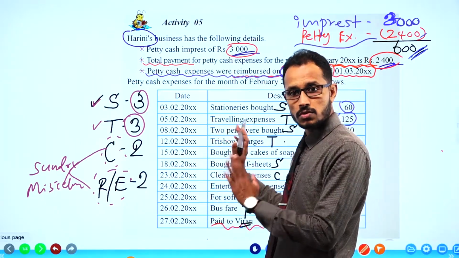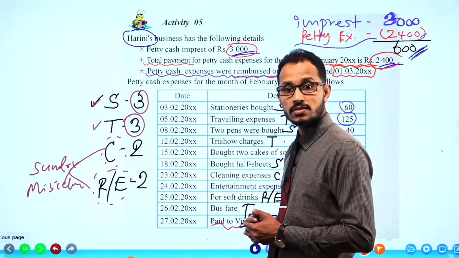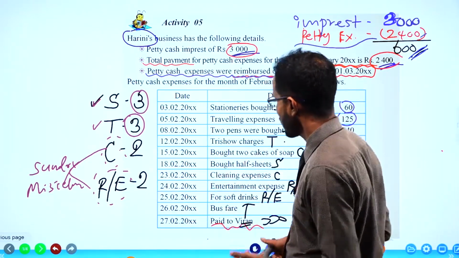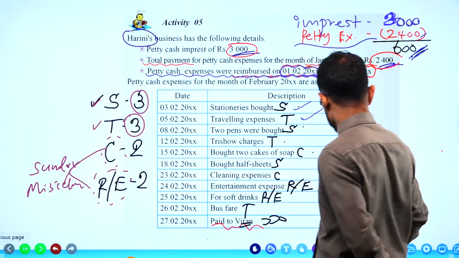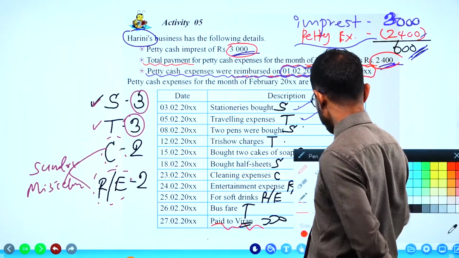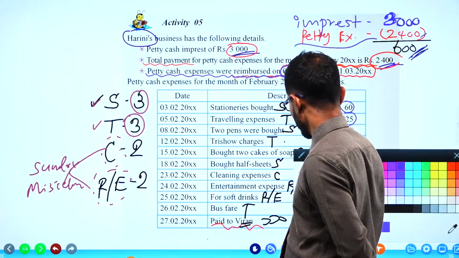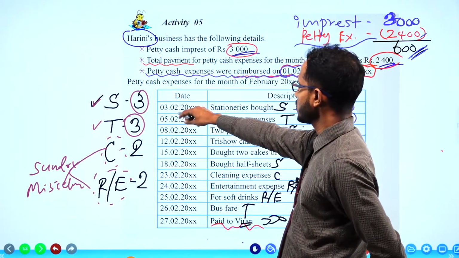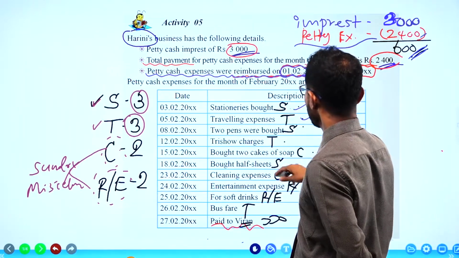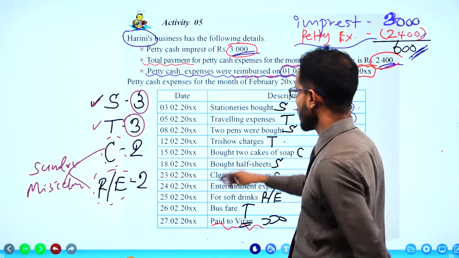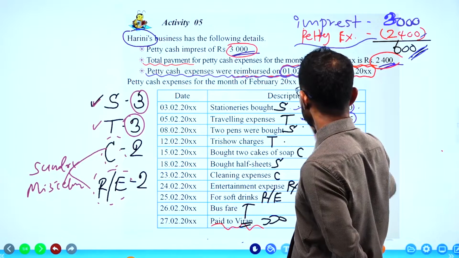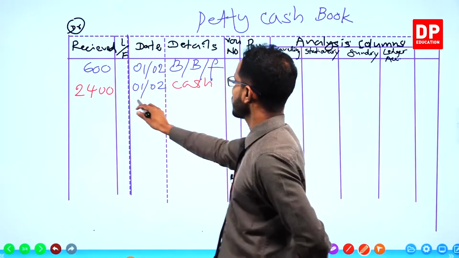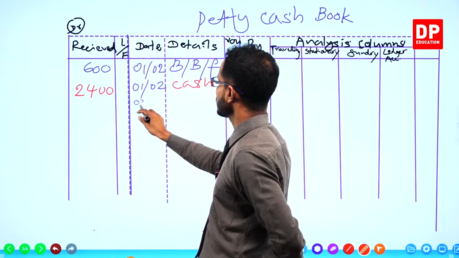Now we have to start recording the expenses like we started before. First expense, children. We have 3rd February stationery 60. We'll record that. And traveling 125. 3rd February date here.